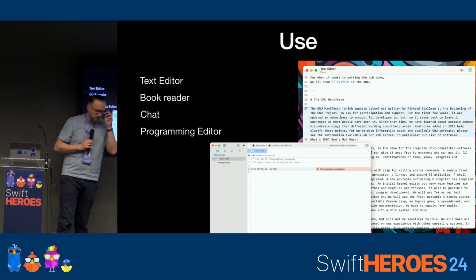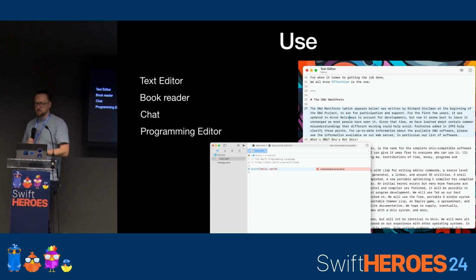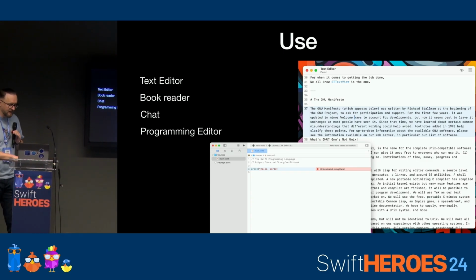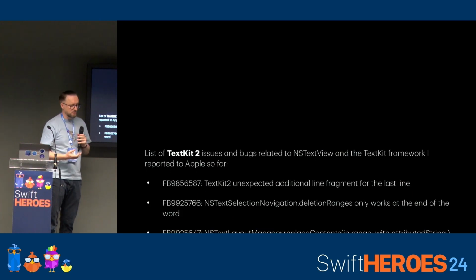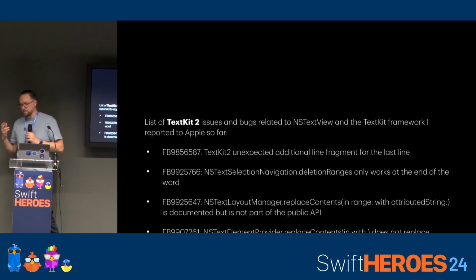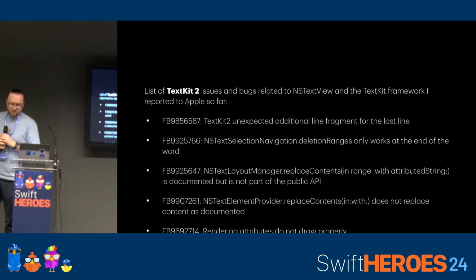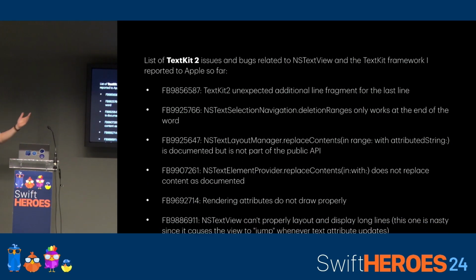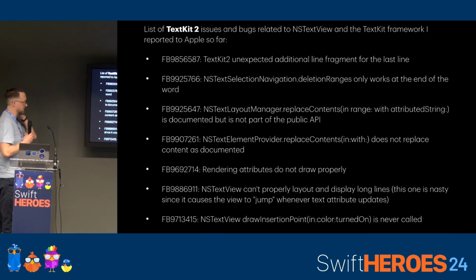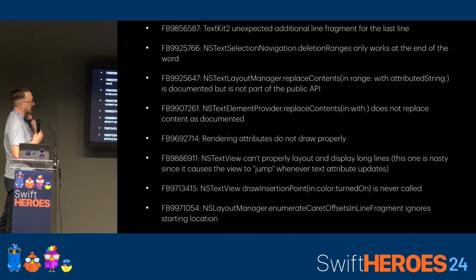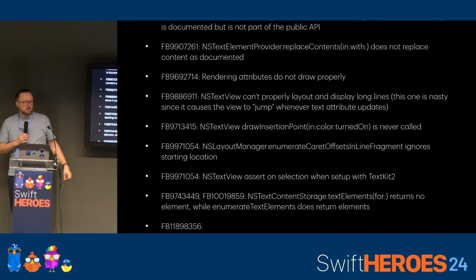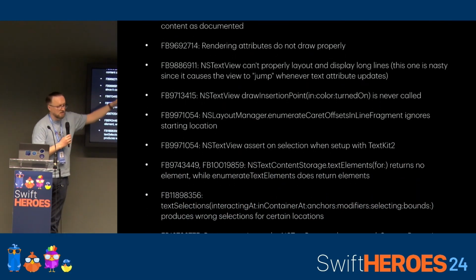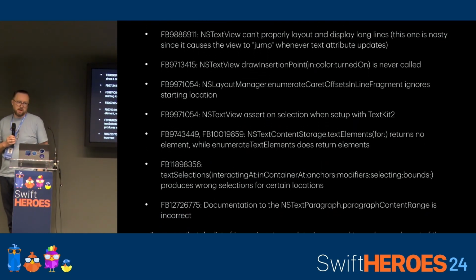But implementing TextKit 2 is not as straightforward as it seems when you start working with it. Over time, there are multiple problems that Apple either forgot to implement or that provide some bugs. And those are all the bugs I reported over some time, and some are really, really surprising, like calling replace content does nothing, and you don't know why.